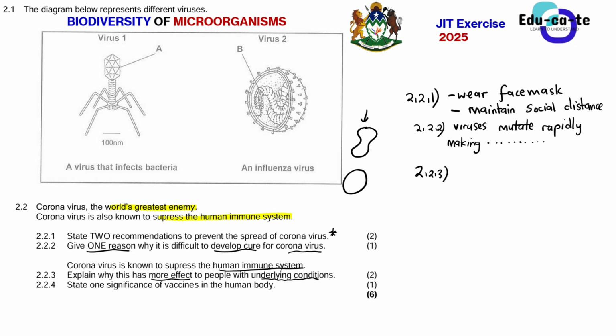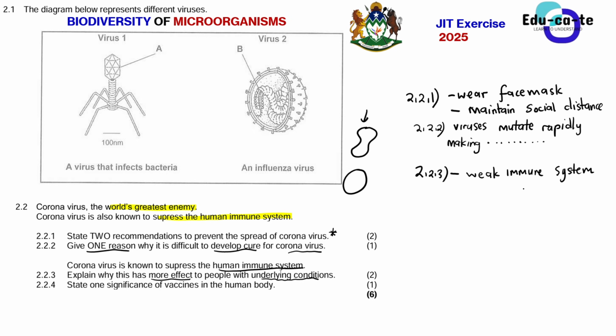Okay, so now the people that have got underlying conditions, when you explain it, I'm sure you're going to say that people with underlying conditions have a weak immune system. So you're going to write that in a sentence. I'm just giving you the idea here. So people with underlying conditions, they've got a weak immune system.